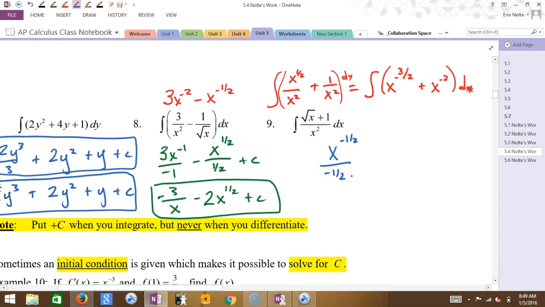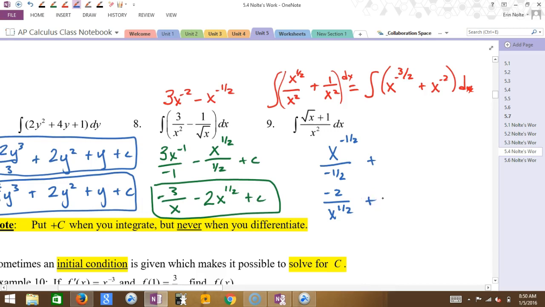Everybody integrate that by just adding 1. Okay, now how would I rewrite that? I can't have a fraction in the bottom and I can't have a negative exponent, so how would I write it? So what's the reciprocal of negative 1/2? 2, so I'm going to have negative 2 times negative 2 then goes basically up into the top, and my x has to go down into the bottom because it has a negative exponent. Good there?